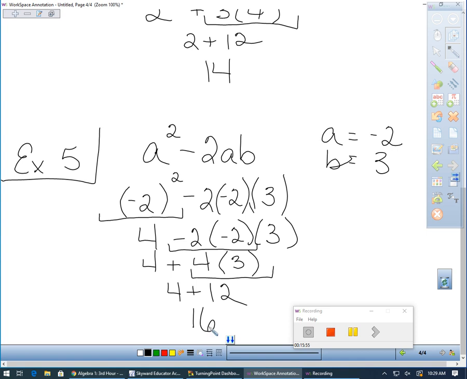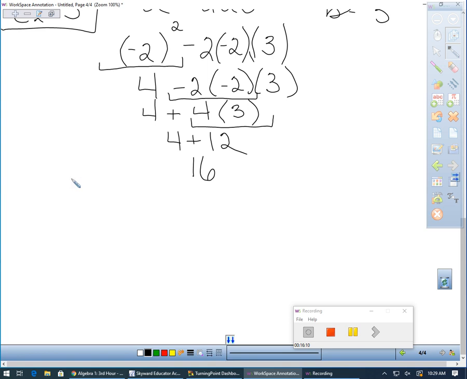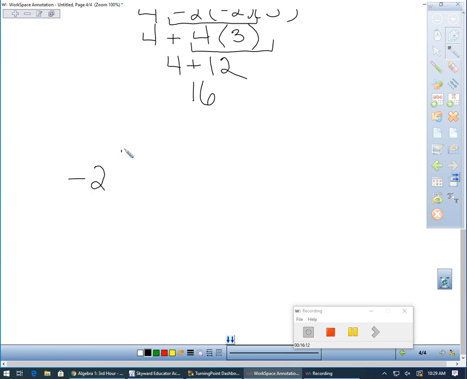Very good. Okay? So, if you did not put these in parentheses, remember we talked the very first day of school about how negative 2 squared without parentheses and negative 2 squared in parentheses are two totally different answers, right?